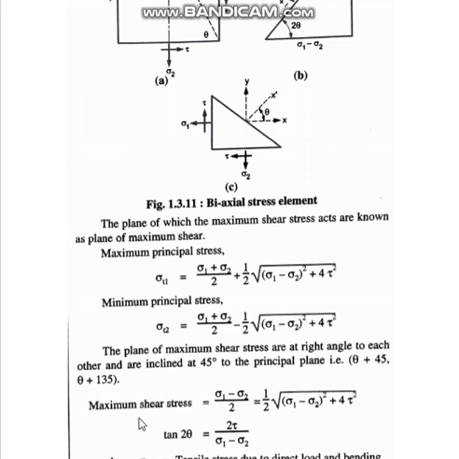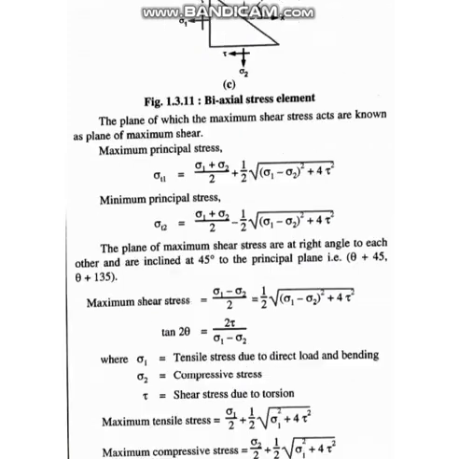The formula for maximum shear stress is sigma 1 minus sigma 2 upon 2, that is equal to half of square root of sigma 1 minus sigma 2 squared plus 4 tau squared. This is the same term that appears in the earlier formulae. So these are the three formulae you have to remember.